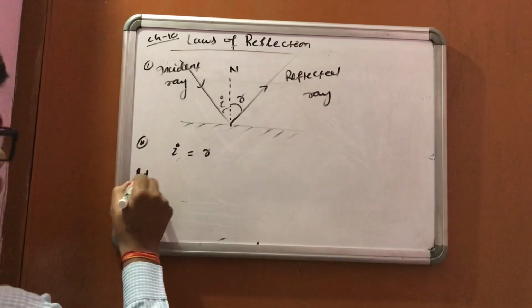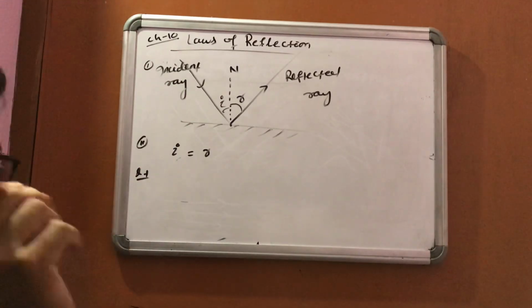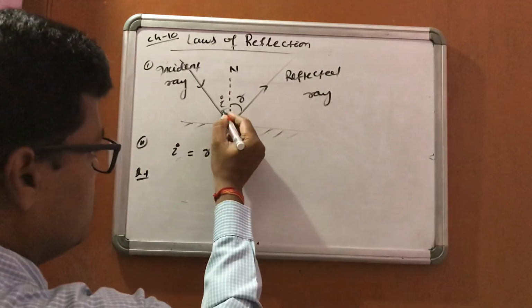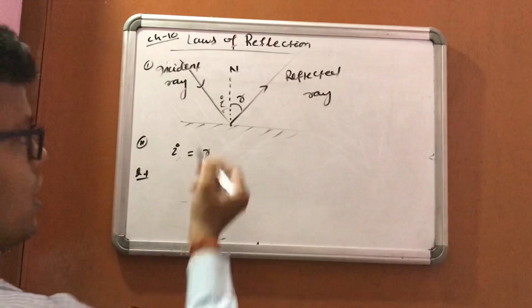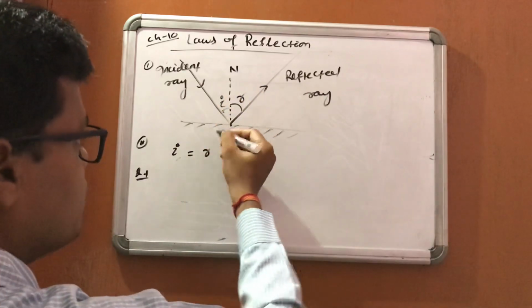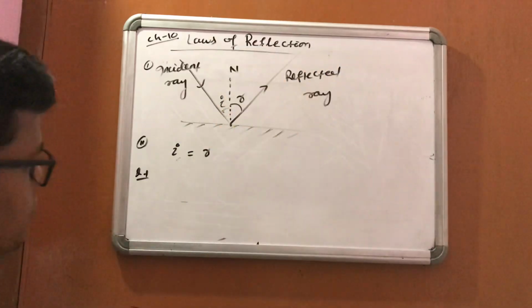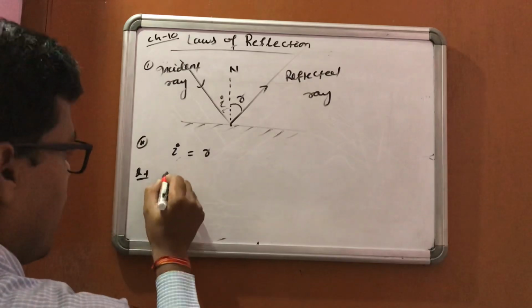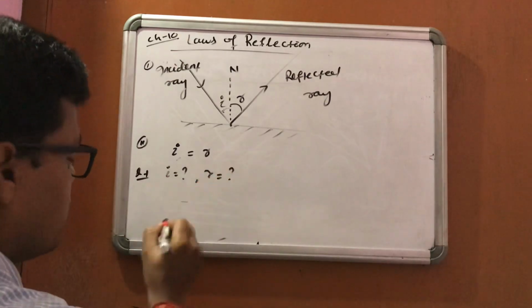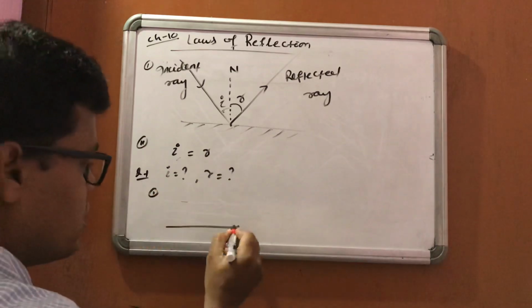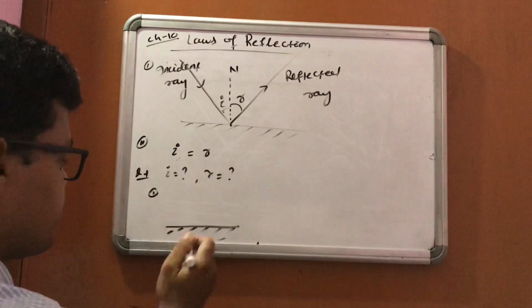Now question number 1. I must make clear that the angle of incidence is the angle between the incident ray and the normal, and similarly, the angle of reflection is the angle between the reflected ray and the normal. Question number 1: identify the angle of incidence and angle of reflection in these two figures. This is a plane polished surface.